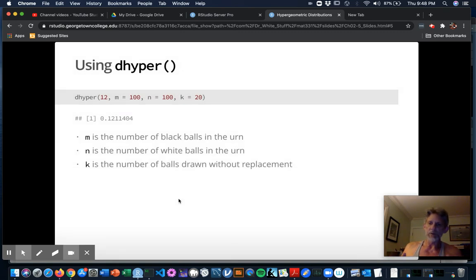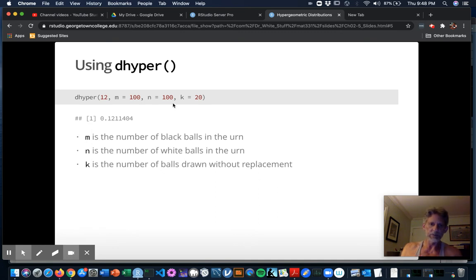But you can also just use a function built to find probabilities for hypergeometrics. dhyper will find the probability for a hypergeometric to be any specific value you ask for. So if you want to find the probability of 12 black balls, put a 12 here. Then you have to say how many black balls are in the urn, and that's done with a parameter called m in this function. You have to say how many white balls are in the urn, and that's done with a parameter called n.